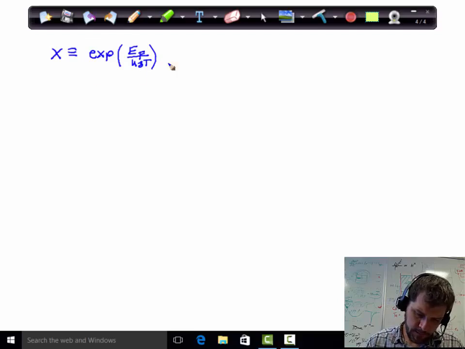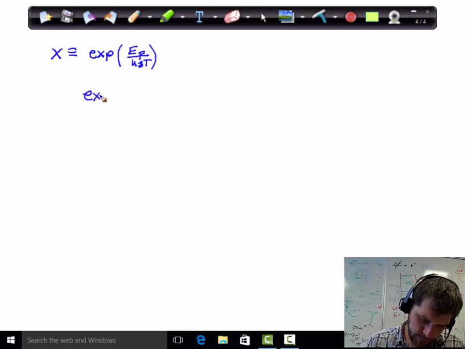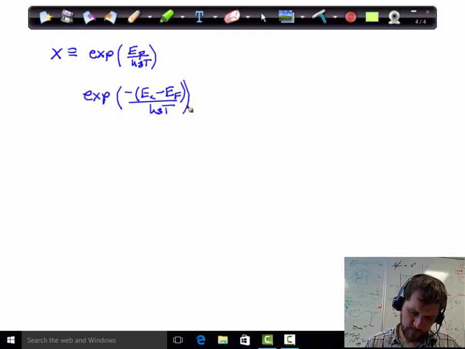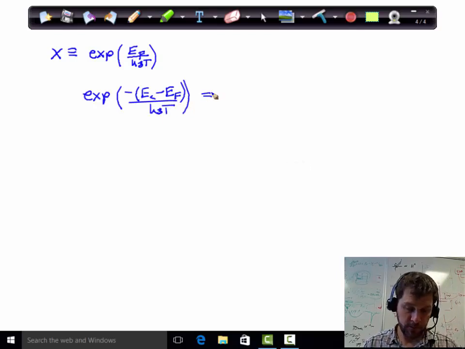And then you recognize that if you see a term like exponential to the minus EC minus EF over kBT, you could actually write this as a product of two exponentials.